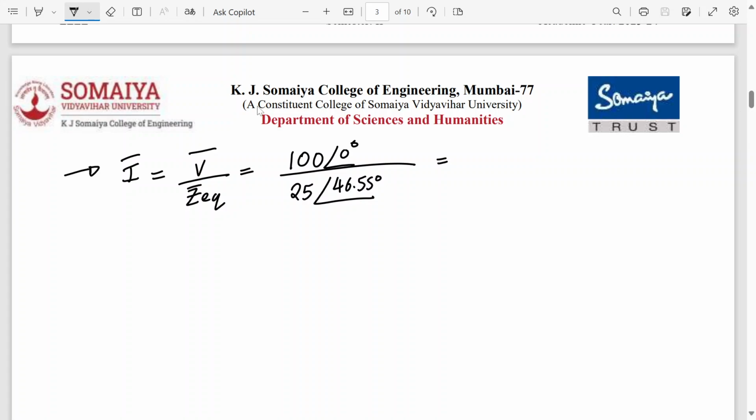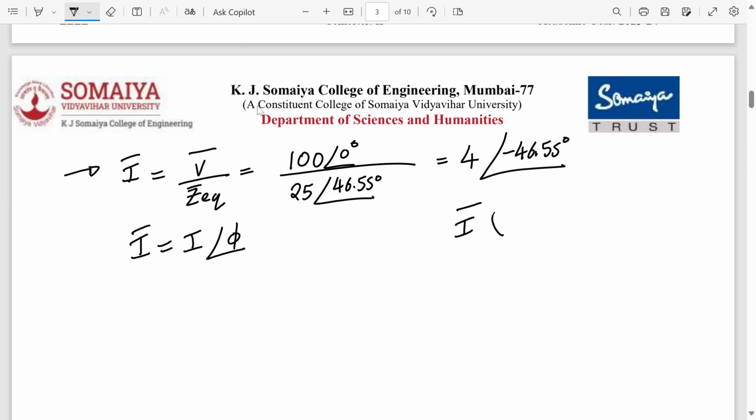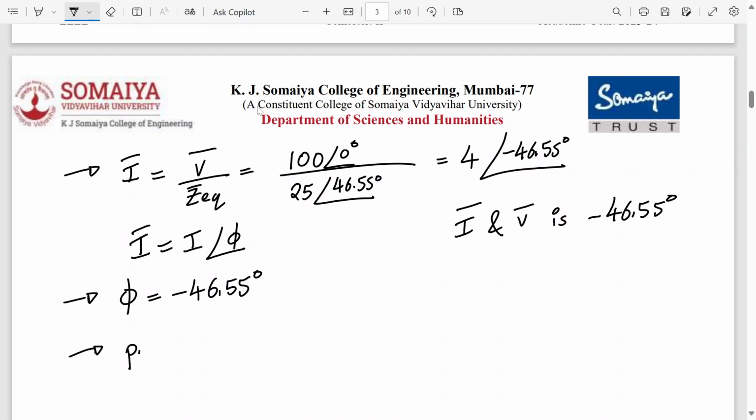I is 4 angle minus 46.55. So this I is in the form I angle theta. So what is the phase difference between I and V? Minus 46.55. So phi is minus 46.55.